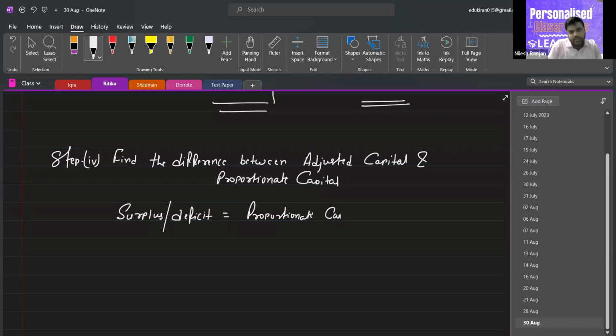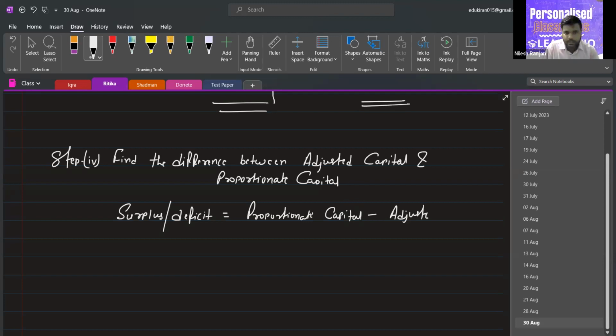Proportionate capital minus adjusted capital. You can also write adjusted capital minus proportionate capital. Actually, let me change this: adjusted capital minus proportionate capital.